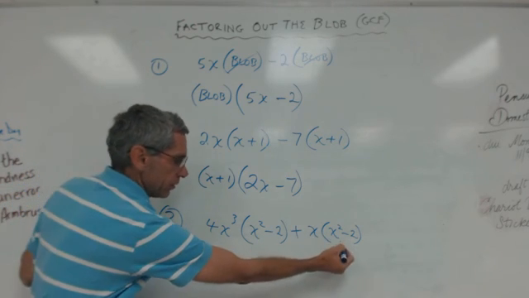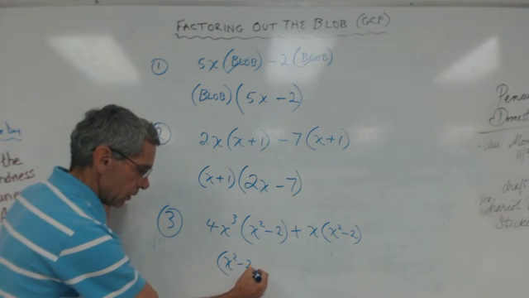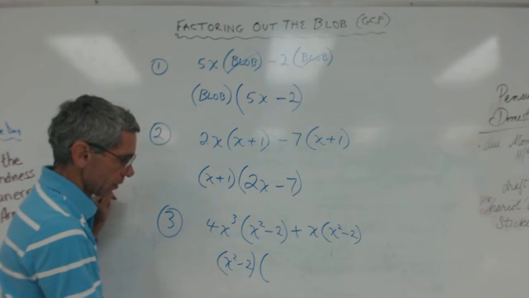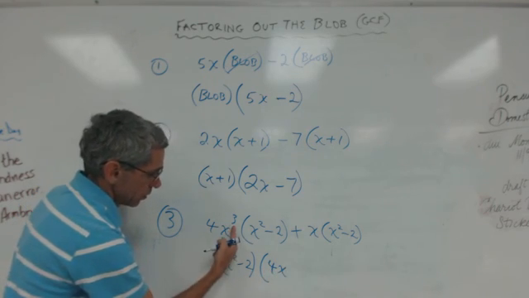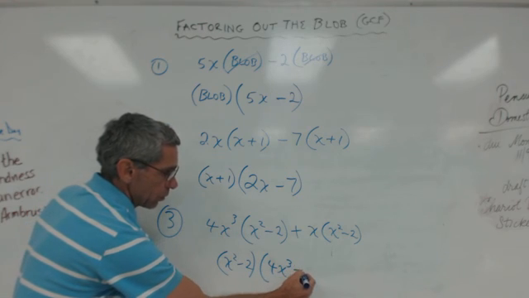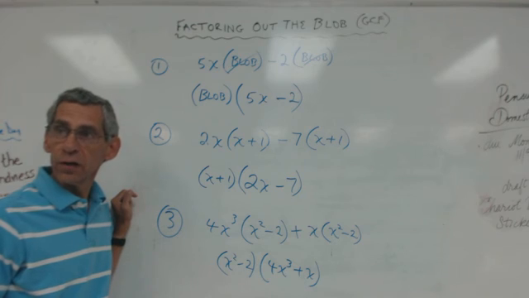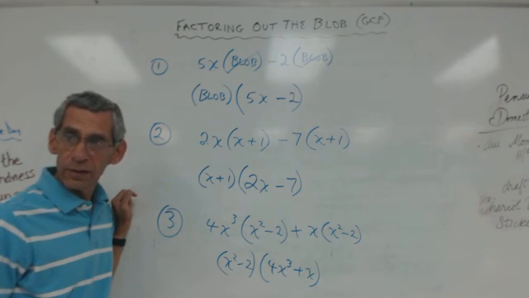This is my blob, right? They're the same thing. So I do my x squared minus 2, and then I put my next parenthesis, and what do I do now? Then you're going to write another parentheses, 4x cubed plus x. Beautiful. And we're done. That's all you can do. Does that make sense? You see the process?